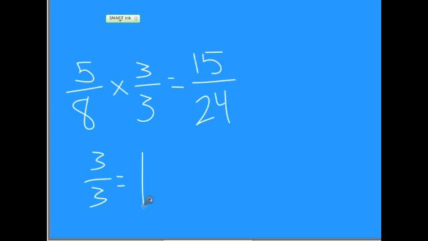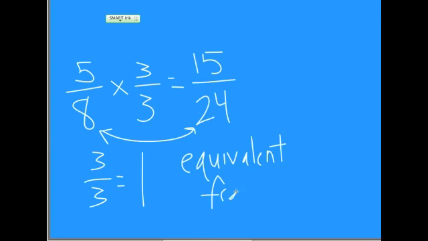So I multiplied 5/8 by 1 to get 15 over 24. So I'm just making it so it's equivalent. These are all examples of the multiplicative identity property, which says that if I multiply something by 1, I'm going to get the same thing. And in this case, 15 over 24 is the same thing as 5 over 8.